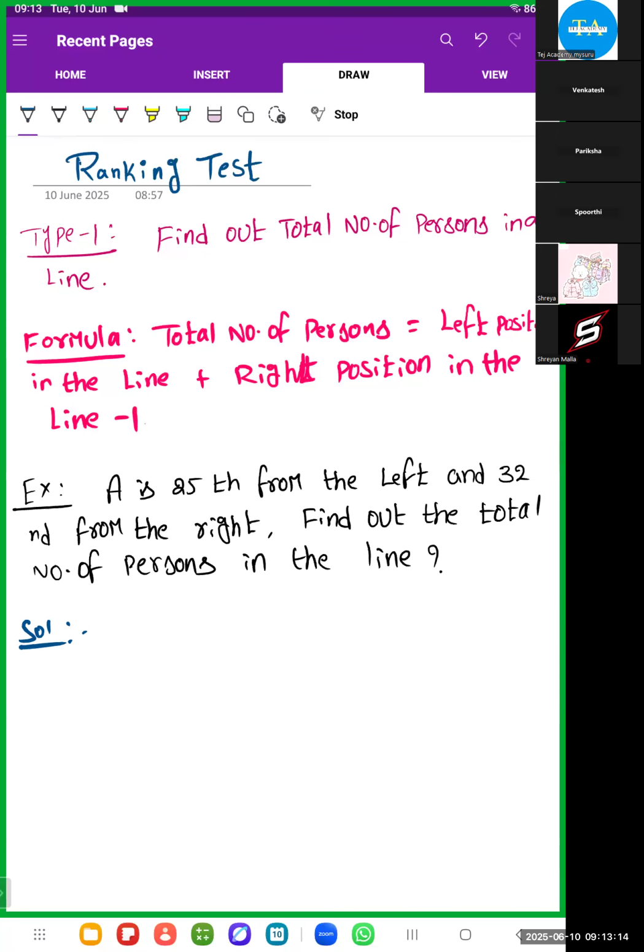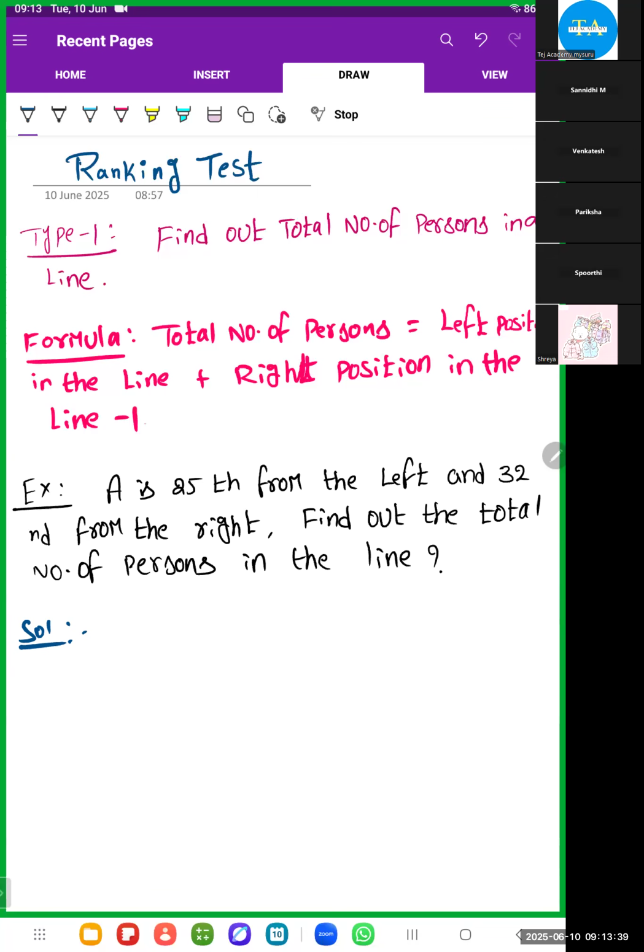So total number of persons, I already gave the formula. For finding the total number of persons is equal to left position in the line plus right position in the line minus 1. In left, what is his position? 25th. And the right, what is his position? 32. So 25 plus 32 minus 1.